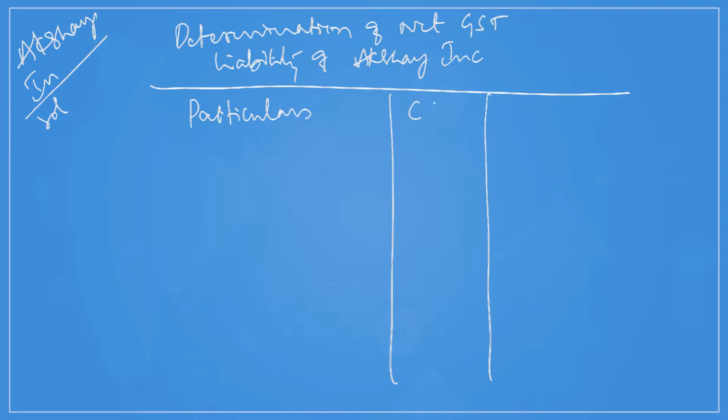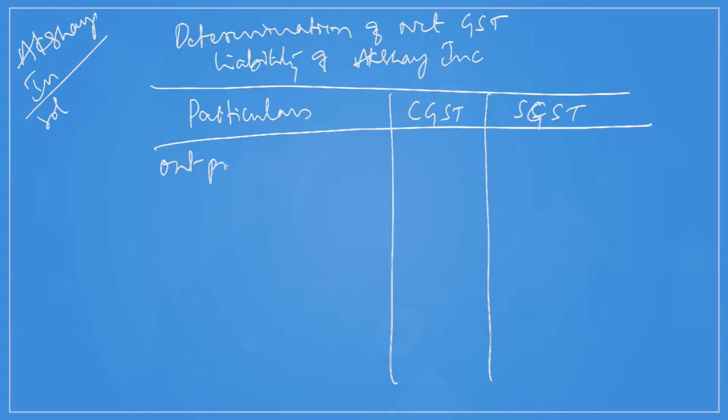Particulars, CGST, SGST. First consider output tax on outward supply in India, at the rate of 12% on rupees 8 lakh.